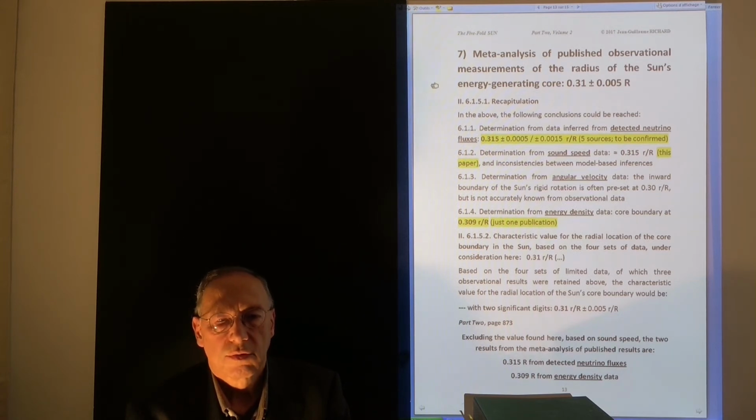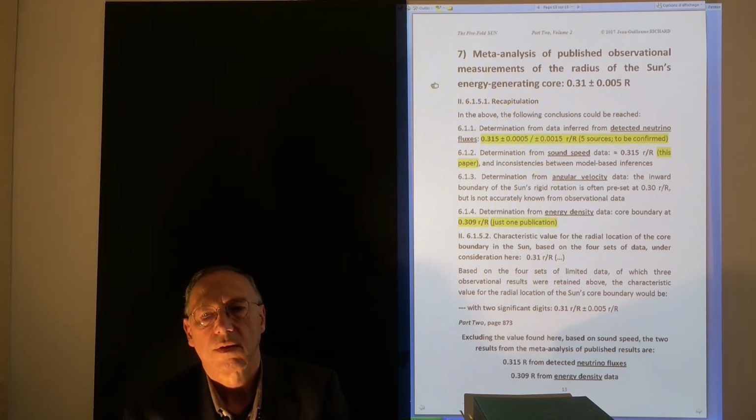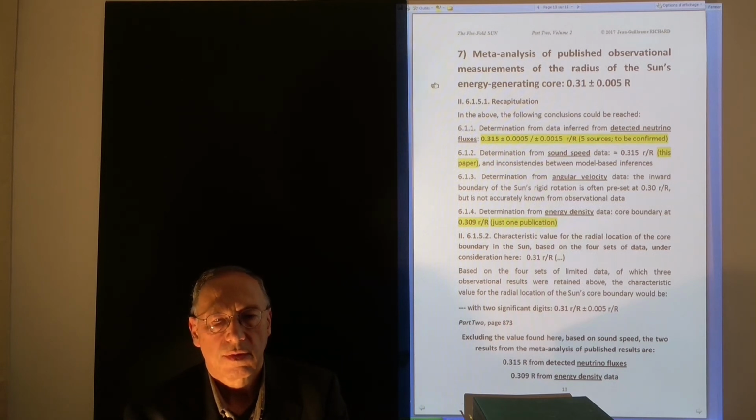The same is true for determinations of the boundary of the solar core from angular velocity data in section 6.1.3 of the book, where we see that most authors preset the boundary of this zone at 0.30 radius fractions, but this is not based on observations.